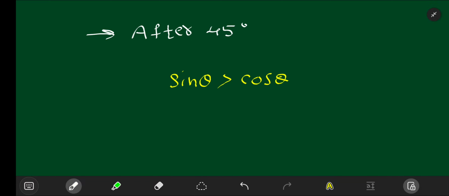Sin theta is greater than cos theta when theta is in between 45 and 90.